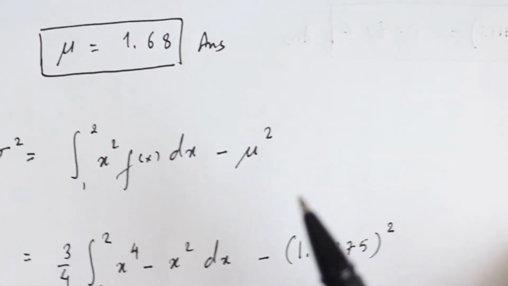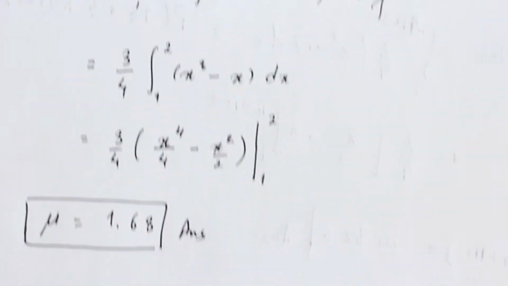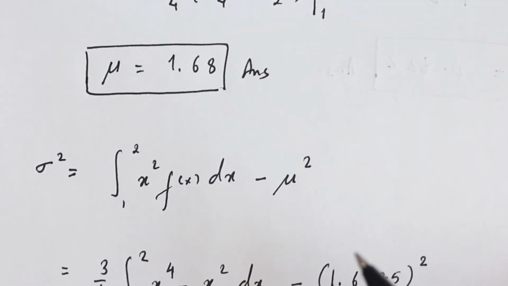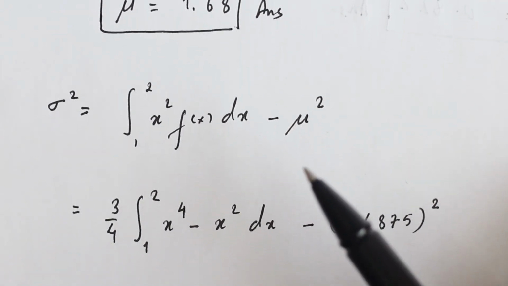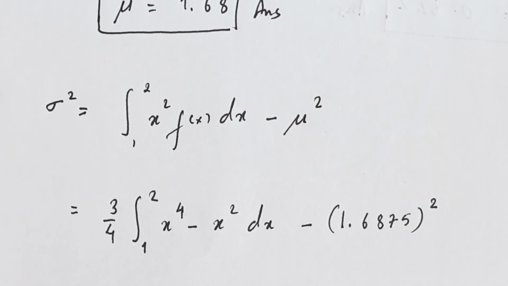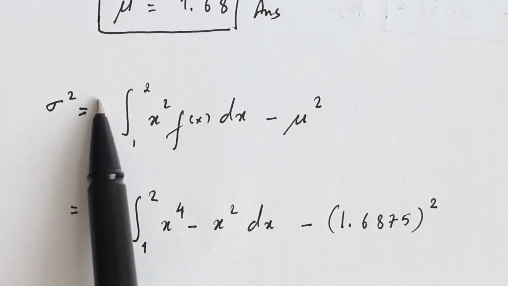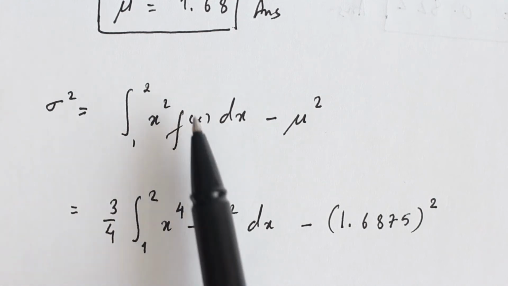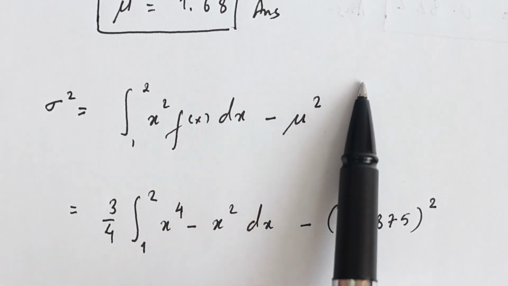Similarly, in the next question, we're asked to find the variance, and we know that variance is simply the integral of x squared times the probability density function, minus the mean squared.